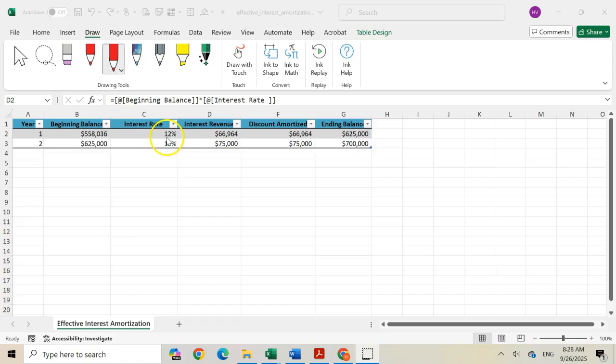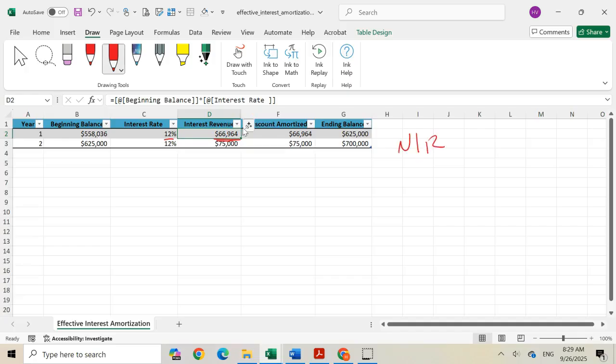And we're going to look at the 12% interest rate that we have, and multiply the 558,036 times the 12%. And that's your interest revenue of 66,964.